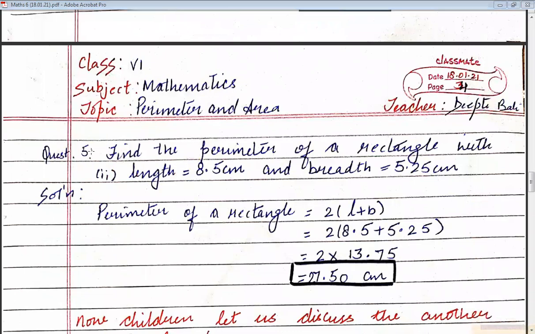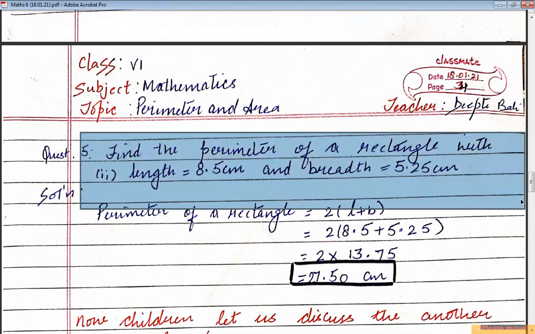Now let's read out the 5th question. Again very easy, we are just dealing with the perimeter of the rectangle. Find the perimeter of a rectangle with length 8.5 centimeter and breadth 5.25 centimeter.